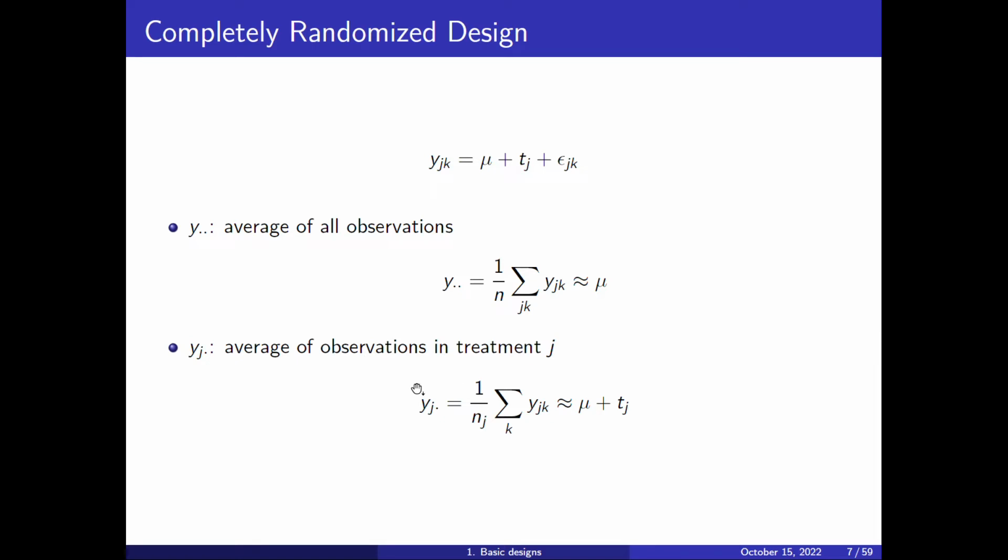Then the average of the observations in one of the groups is the same: we sum over all persons in that group and divide by the number of people in that group. This should be an estimate of this part. If you average over k, this part doesn't depend on k, but this one does, and we are averaging over people, and these residuals are supposed to have zero average.